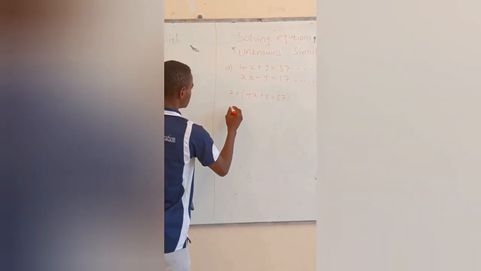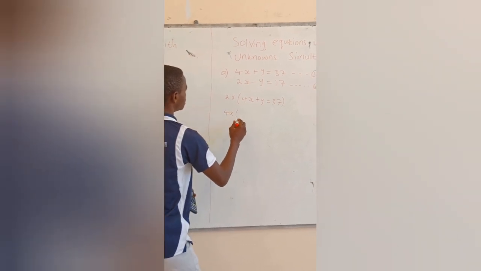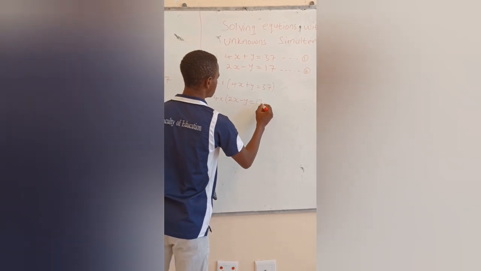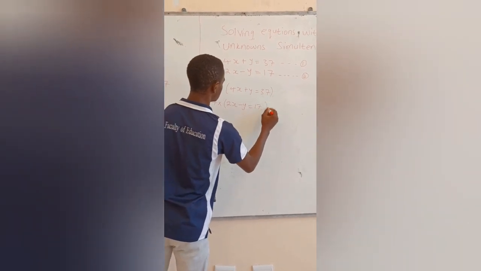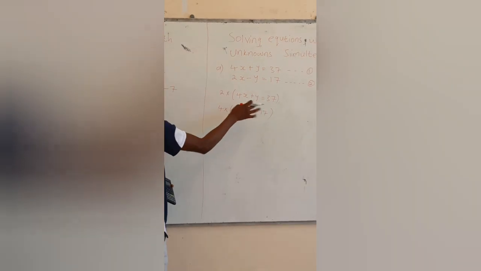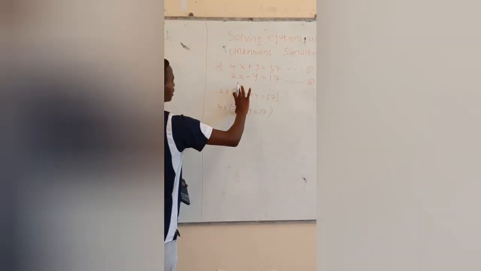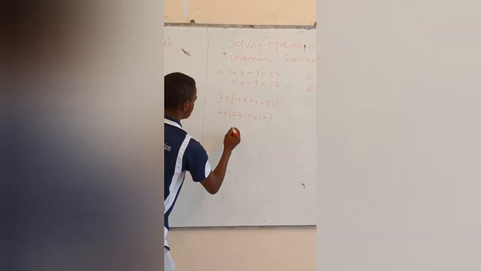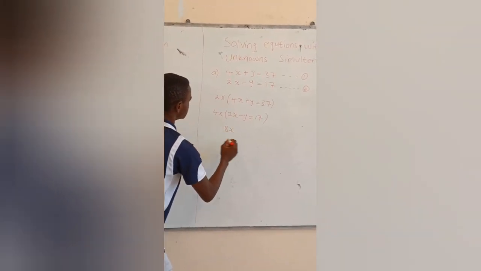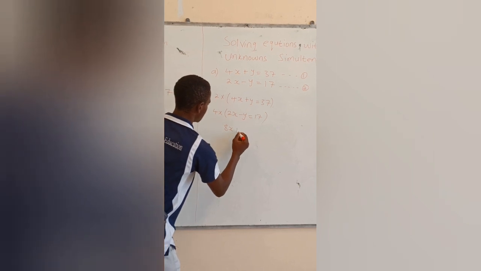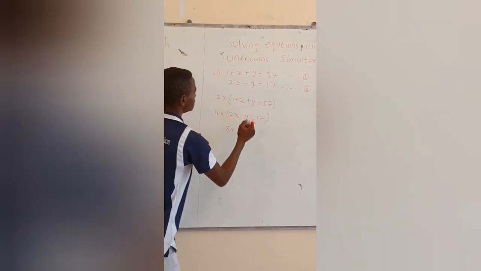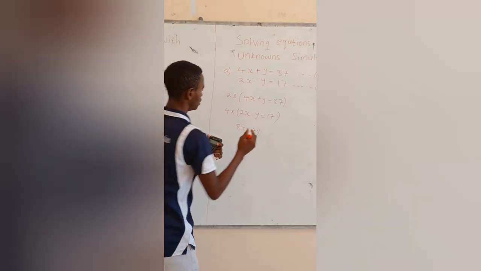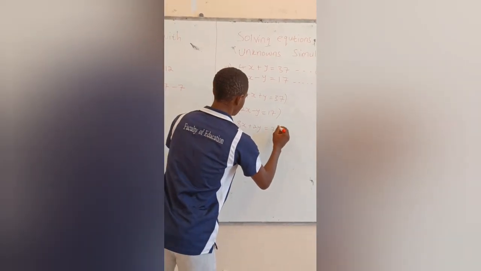your bracket, and you take 4, you multiply it with 2x minus y is equal to 17, then you close your bracket. Now when you multiply here, the first terms will end up the same. 2 times 4 is equal to 8x, 2 times y is 2y, 2 times 37 is equal to 74.